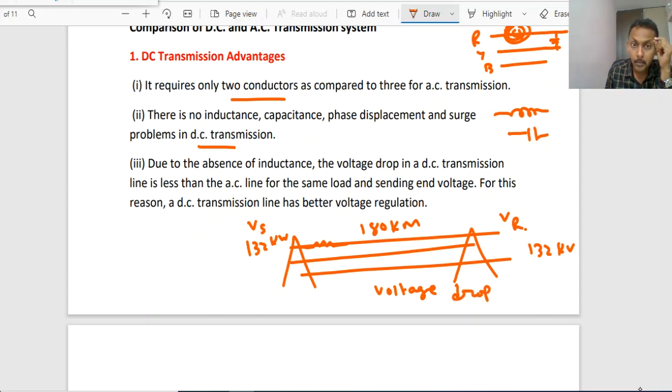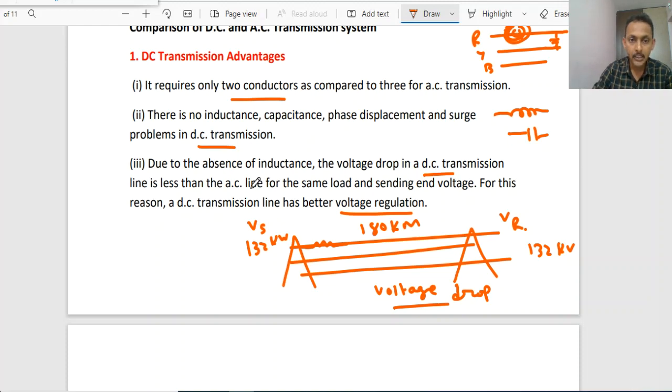Because of the absence of inductance and these effects in DC transmission, the voltage drop by the time it reaches the receiving end will be less. But if the same amount of power is transmitted using AC, the voltage drop will be more. So indirectly, a DC system has good voltage regulation.